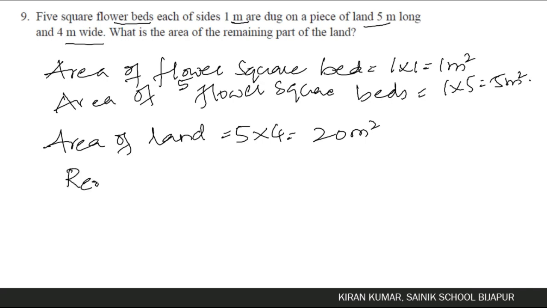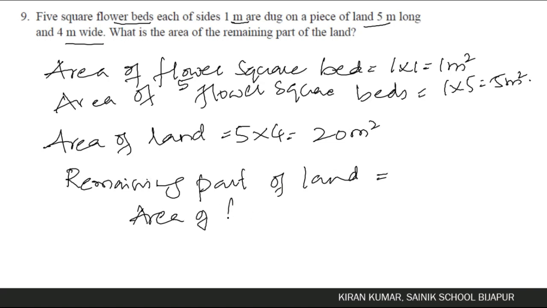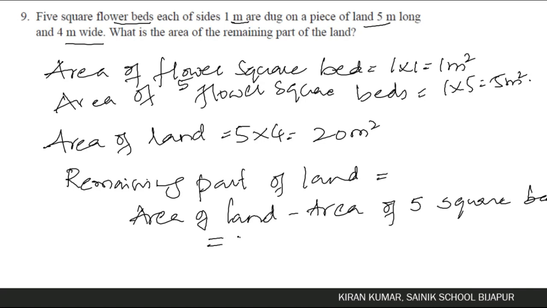So remaining part of land will be equal to area of land minus area of 5 square beds. This will be equal to 20 minus 5, which is 15 meters square. So the remaining part of land is 15 meters square.